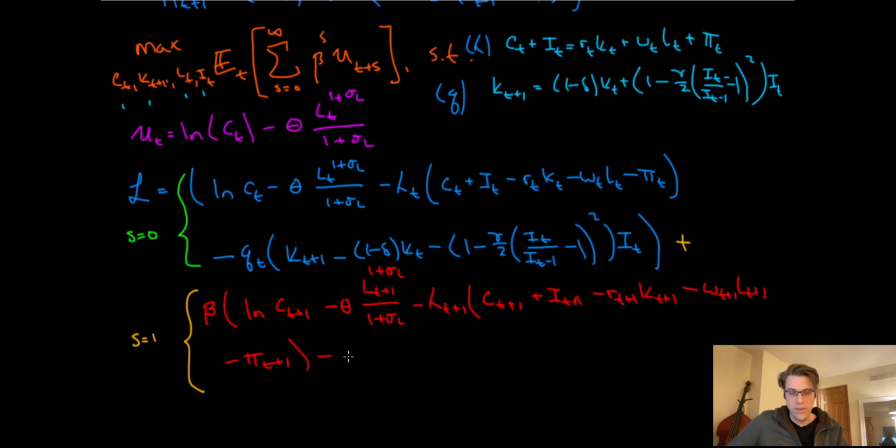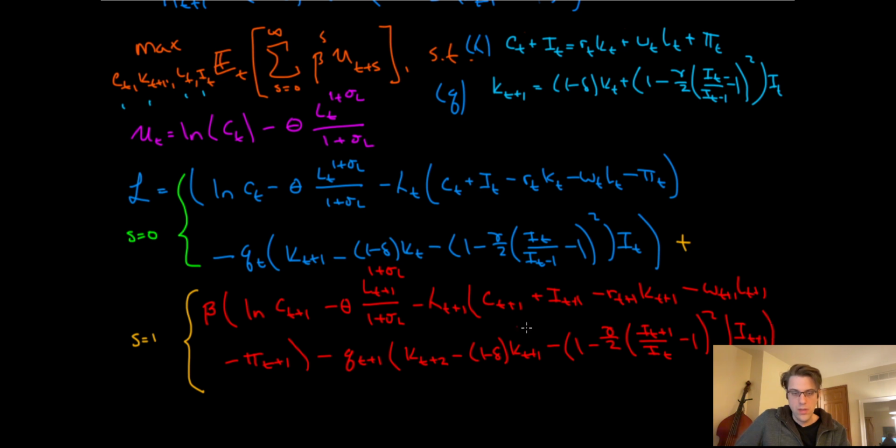Now we're going to have q_t+1 times (k_t+2 minus (1 minus delta) k_t+1 minus (1 minus gamma over 2 times (i_t+1 over i_t minus 1) squared) i_t+1).